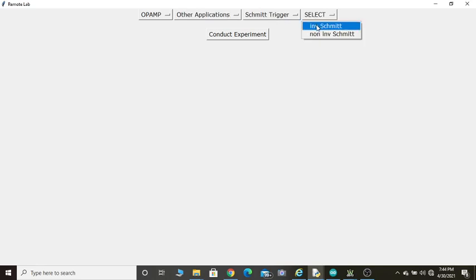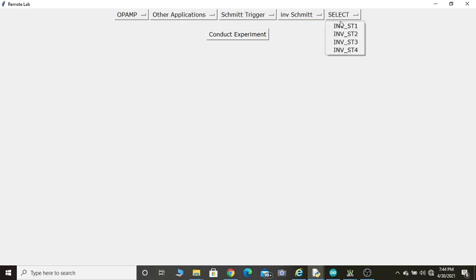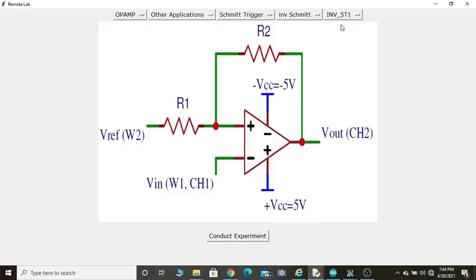Then we have this inverting Smith trigger, and inverting Smith trigger has got four different combinations. So let us select INVST1. This is the circuit diagram of inverting Smith trigger, where the input voltage from channel 1 will be applied to the inverting terminal, and we will apply the reference voltage to this resistor R1 through the second channel.